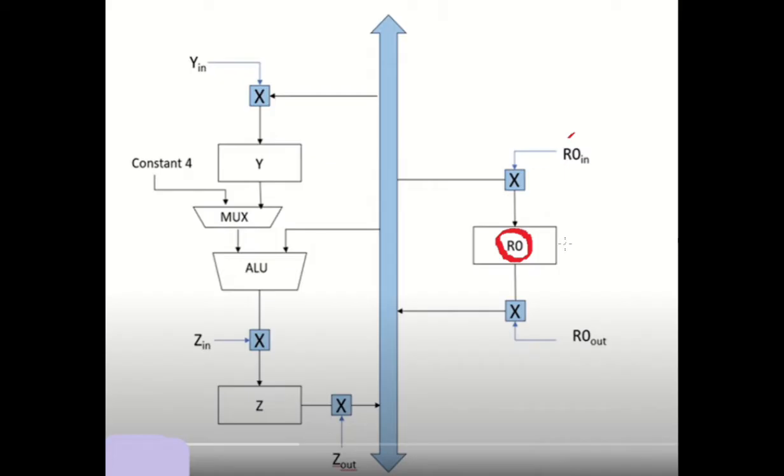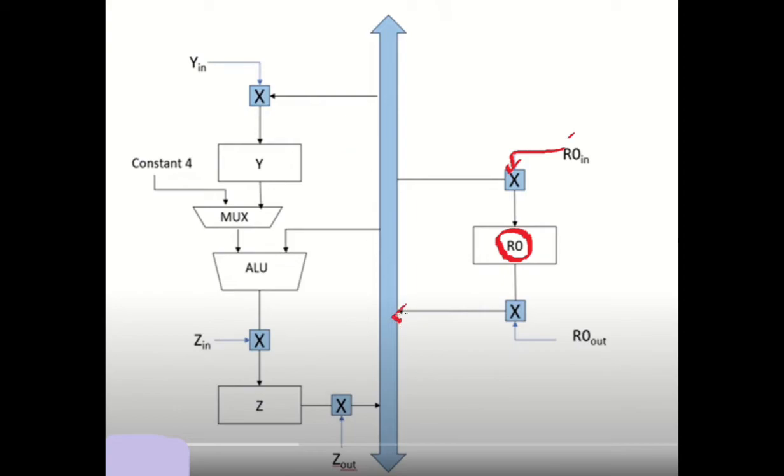So the register R0 has a control signal R0 in, which allows data to come from the bus into R0. If R0 in is not enabled, that means it is 0, then even if data is on the bus, it cannot go into R0.